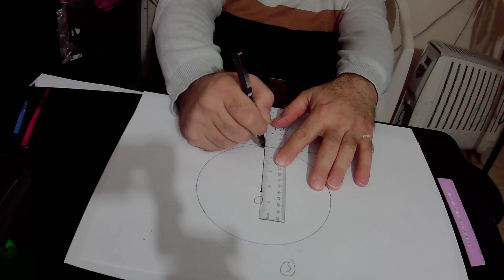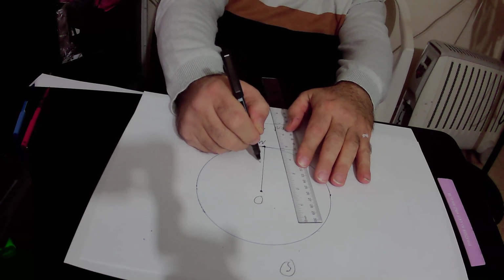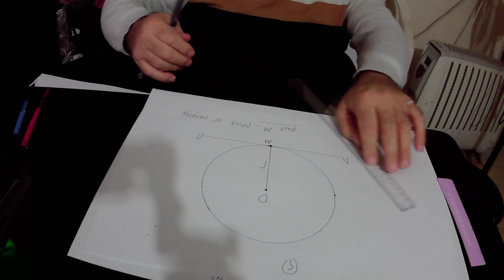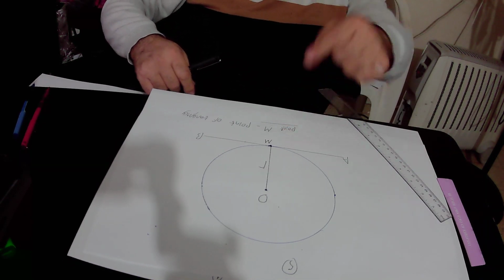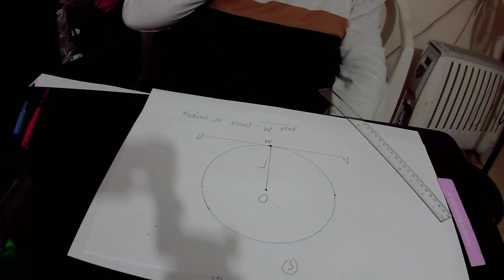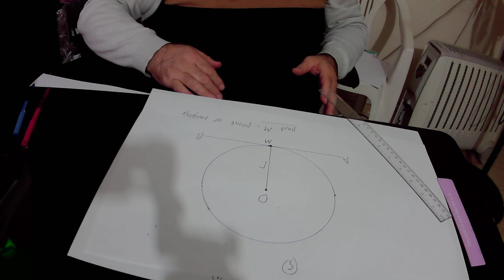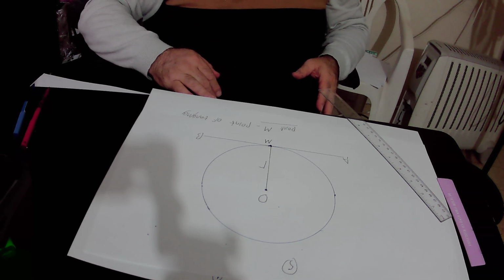So actually the radius R is drawn to point M, that is a point of tangency. So if this is the situation, then according to rule number 2, a tangent to a circle is perpendicular to the radius drawn to its point of tangency.